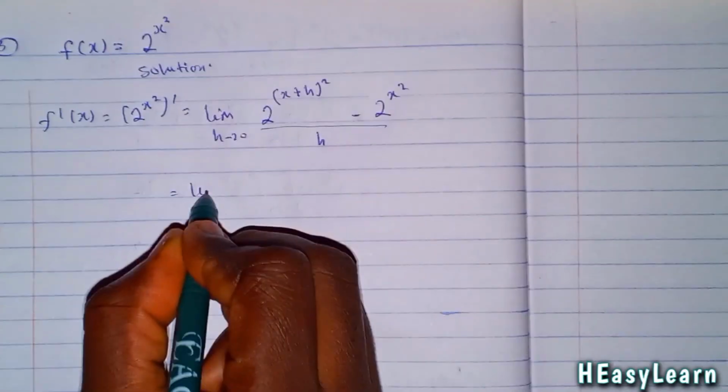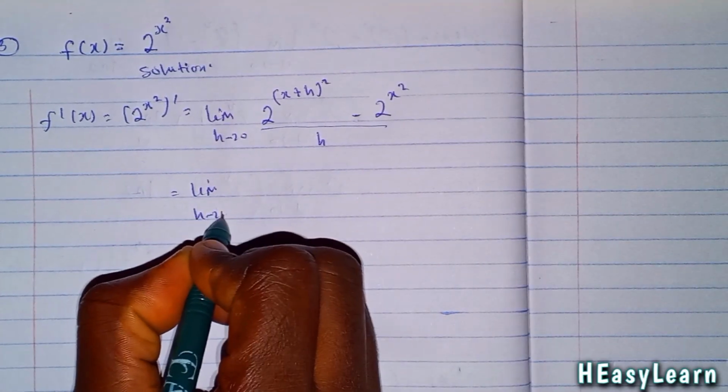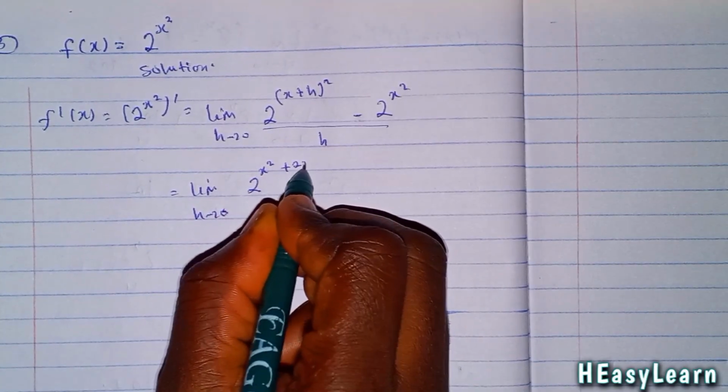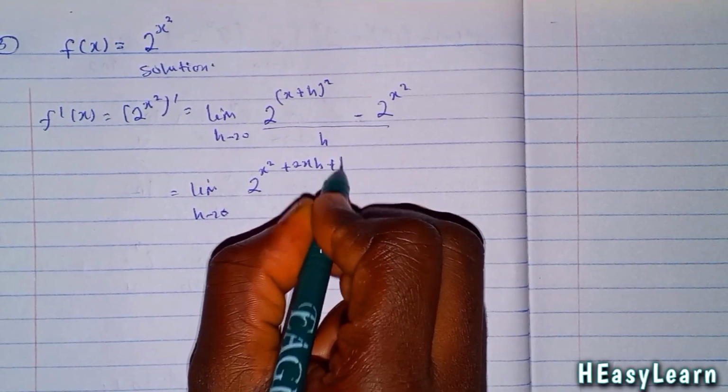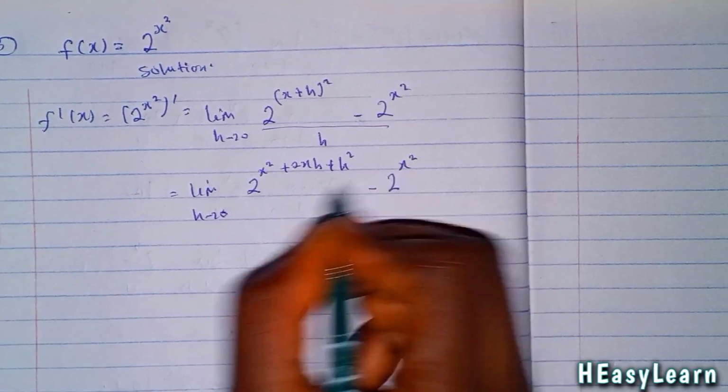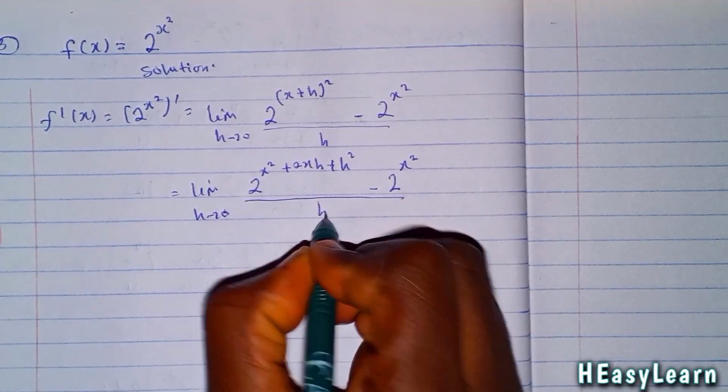This is the same thing as the limit as h approaches 0 of 2 to the power of (x squared plus 2xh plus h squared) minus 2 to the power of x squared, over h.